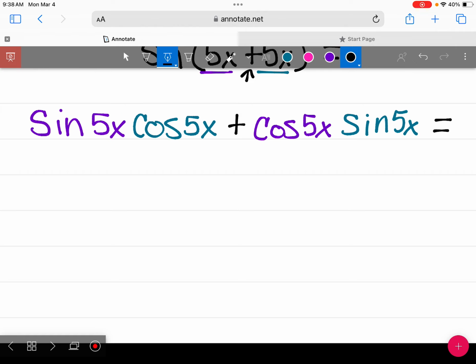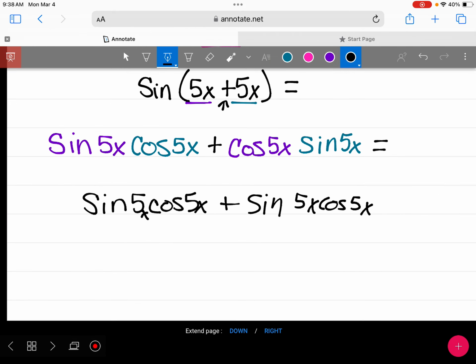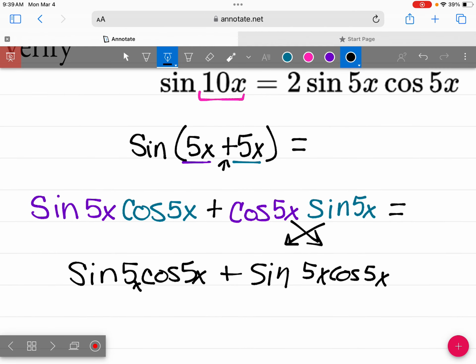If it helps, you can always rewrite it: sine of 5x, cosine 5x, plus sine 5x, cosine 5x. I just rewrote it switching these two so that they match up properly, because it doesn't matter what order we write it in. Is that the piece you're asking about? Yeah, no, like, oh, the sum formula.